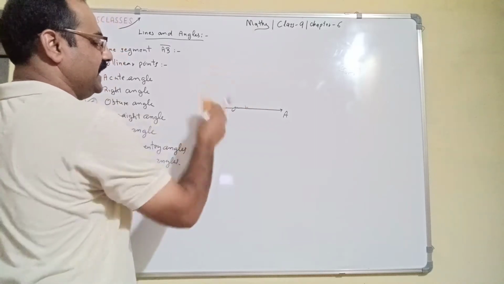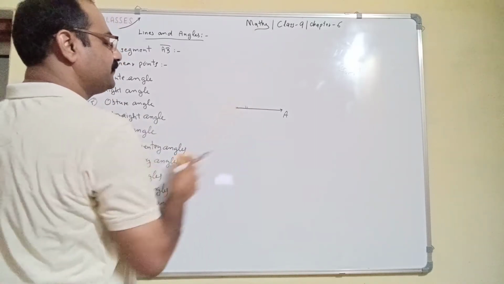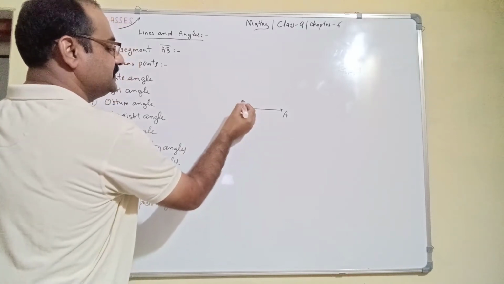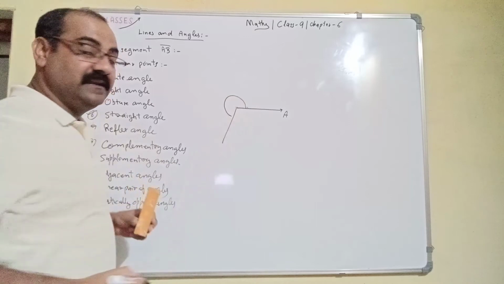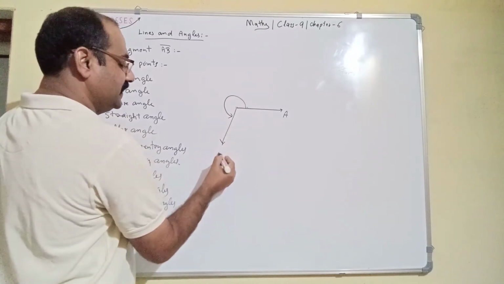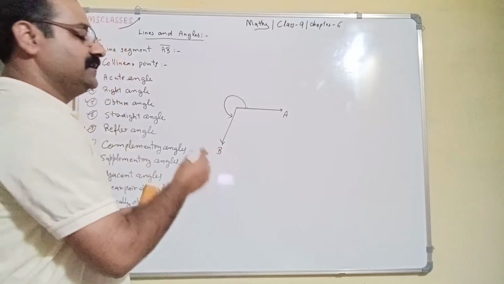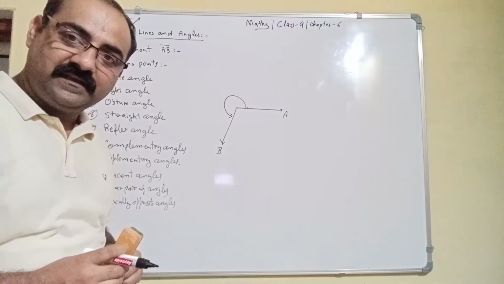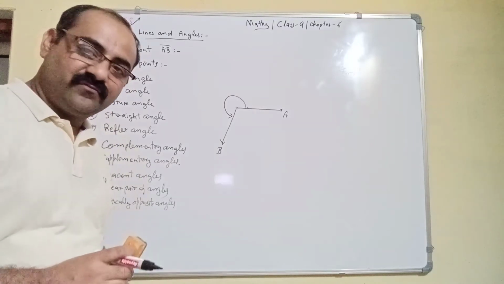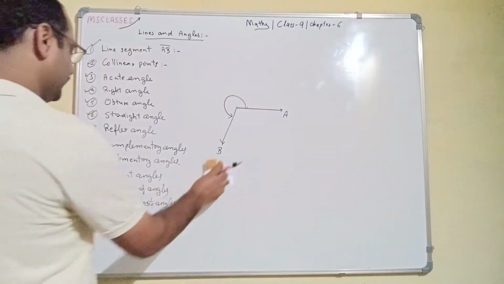When an angle is more than 180 but less than 360, this angle is a reflex angle. So guys, this is more than 180 and less than 360.